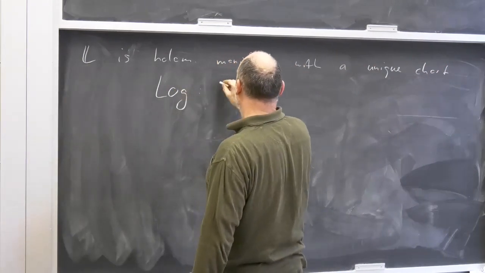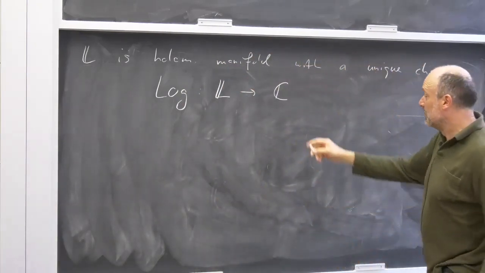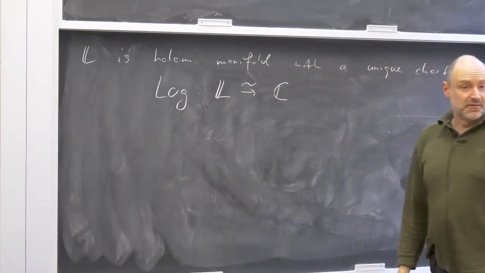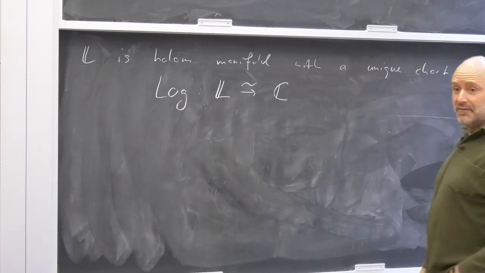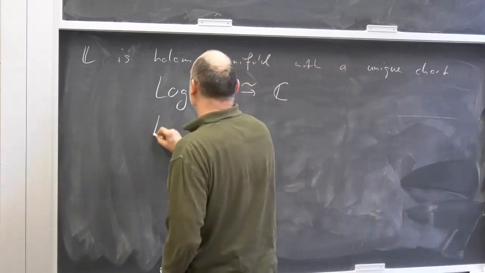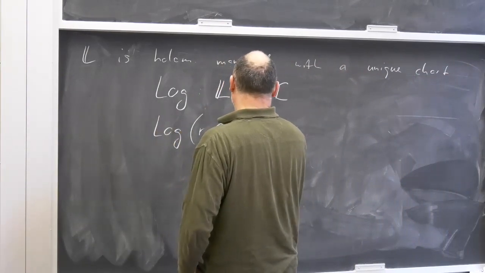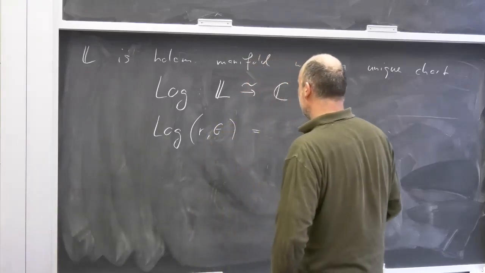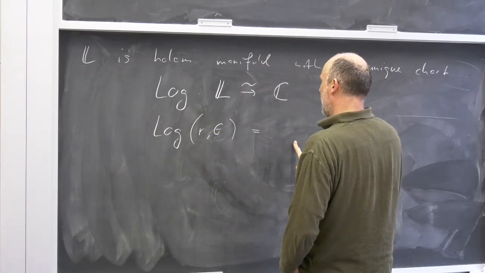Log. So this is a bijection. So the chart is parameterized by the complex plane. It's very simple. Log of r comma theta is log r plus i theta.